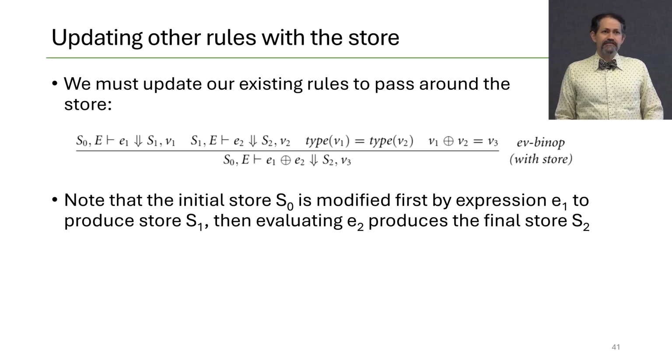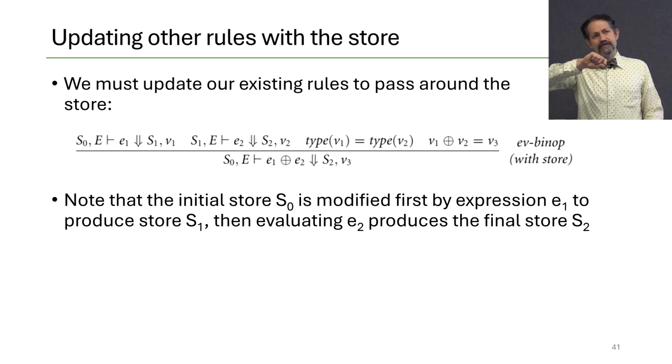So for example, if we look at E1 op E2, where we might have an operator like plus, we'll first evaluate E1, we'll change the store from S0 to S1, we'll use that new store S1 to evaluate E2, getting some store S2, and then we'll do our binary computation and return S2.